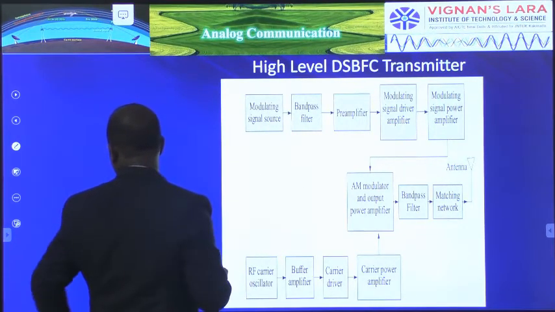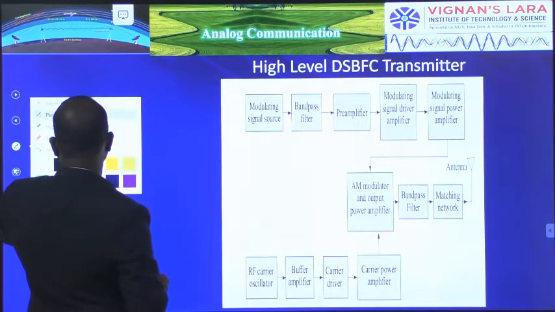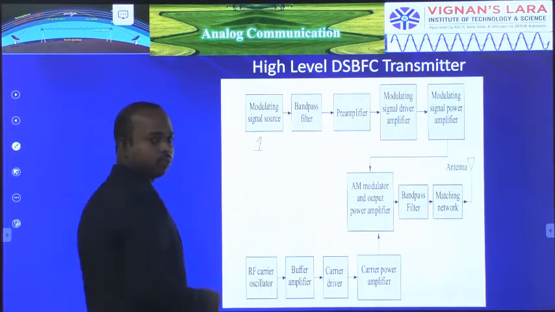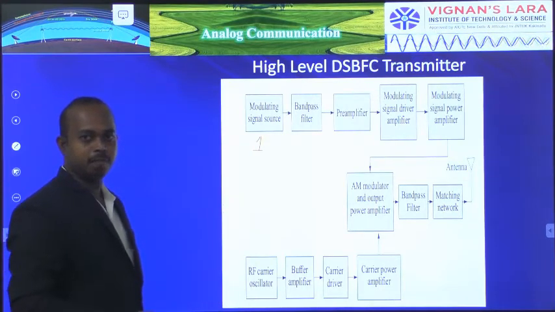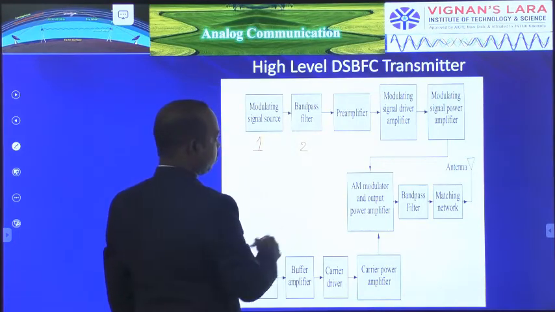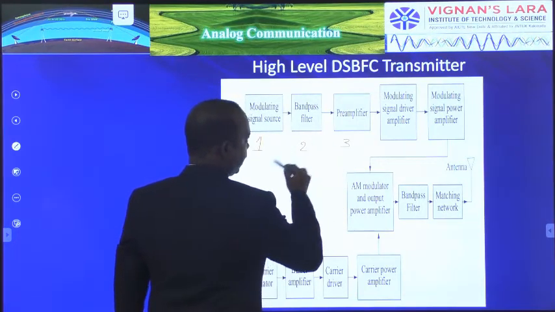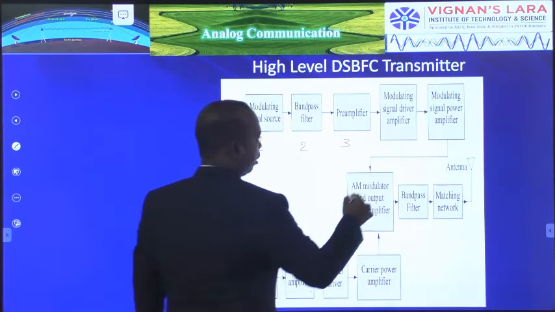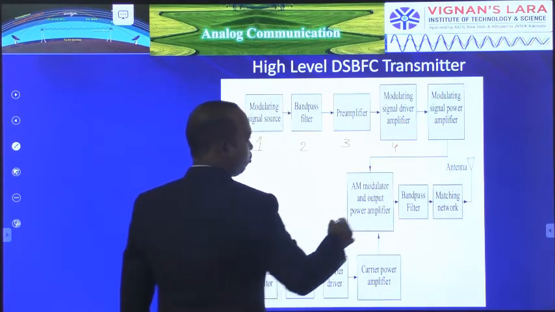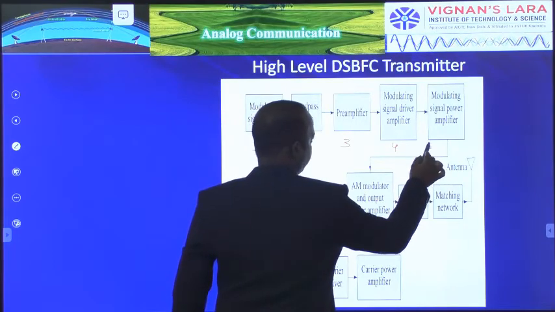This one is the first block, for generation of the modulating signal, and the second block is the band pass filter, and the third block is the pre-amplifier, and the fourth one is the modulating signal driver, and the fifth one is the modulating signal power amplifier.